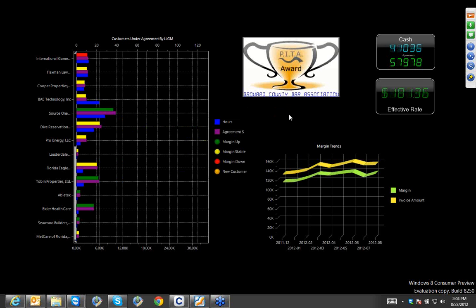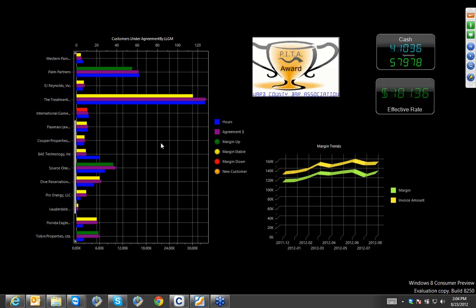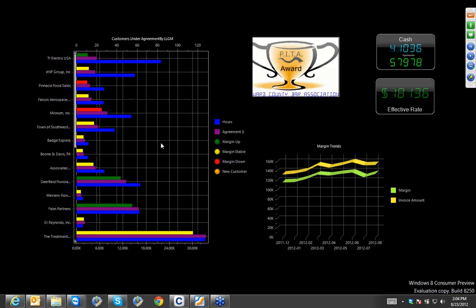We have a lot of discussions at our company meetings about how effective rate isn't the best way to measure our profitability. What gives us a better picture of profitability? For us, that goes into a different concept, the labor-loaded gross margin percent. What you can see over here on the left-hand side is a breakdown of all those agreements.